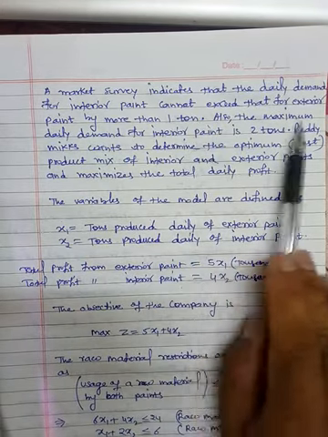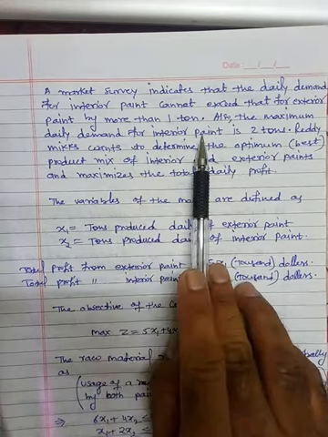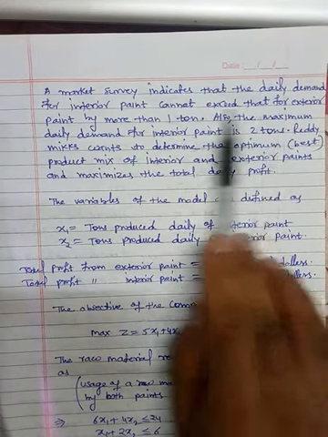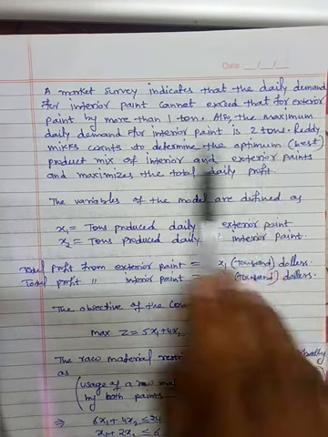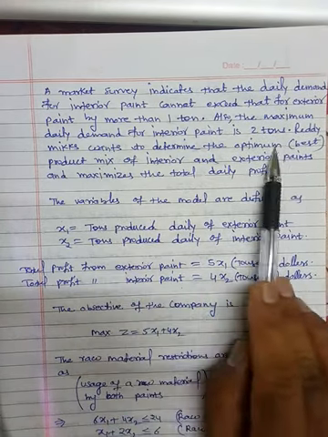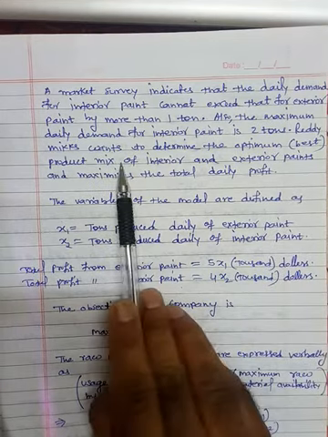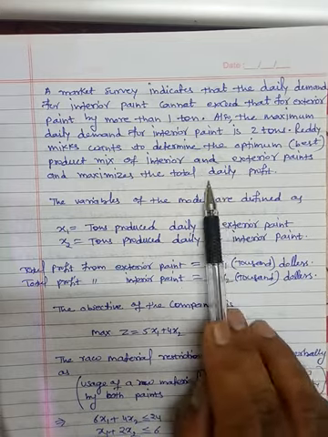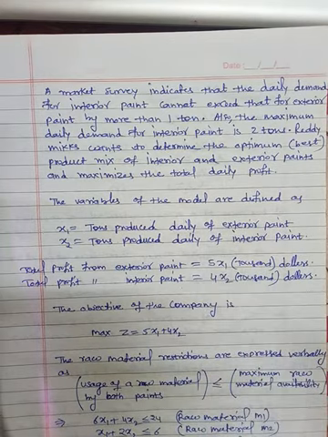Also, the maximum daily demand for interior paint is 2 tons. This is another constraint. Third one, Ready Mix wants to determine the optimum product mix of interior and exterior paint and maximize the total daily profit. This is the task.